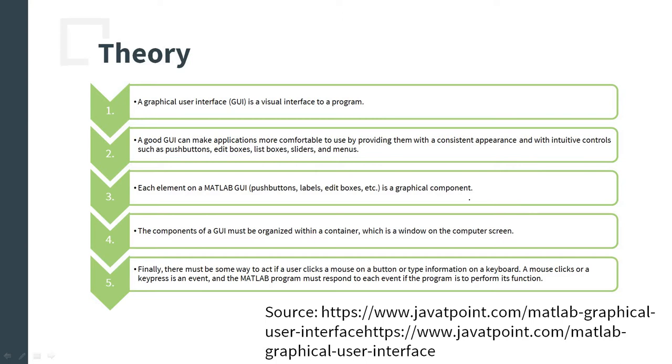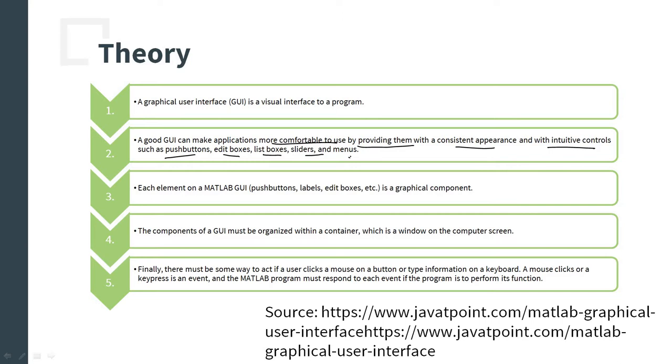A good GUI can make an application more comfortable to use by providing a consistent appearance and intuitive controls such as push buttons, edit boxes, list boxes, sliders, and menus. We shall see after we make one of them. We will make a simple, fundamental one, just multiplying two numbers using a graphical user interface.